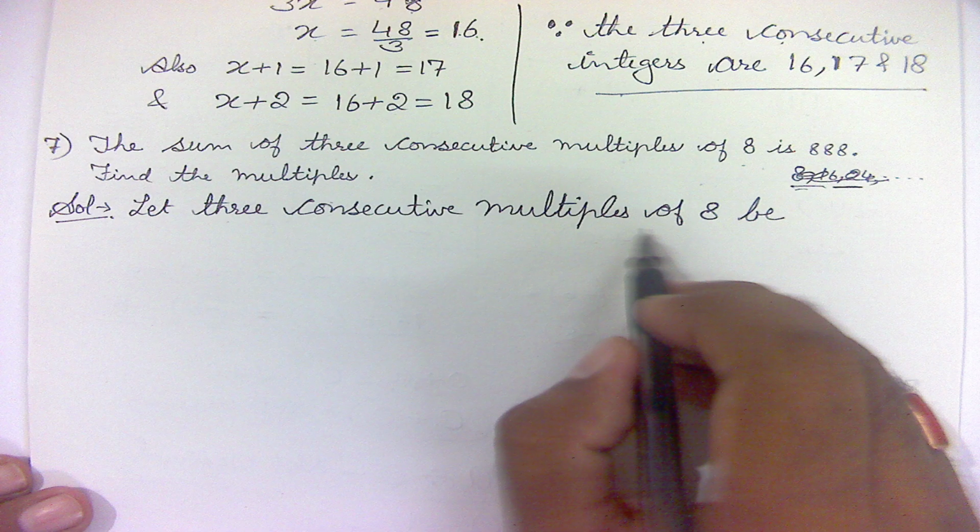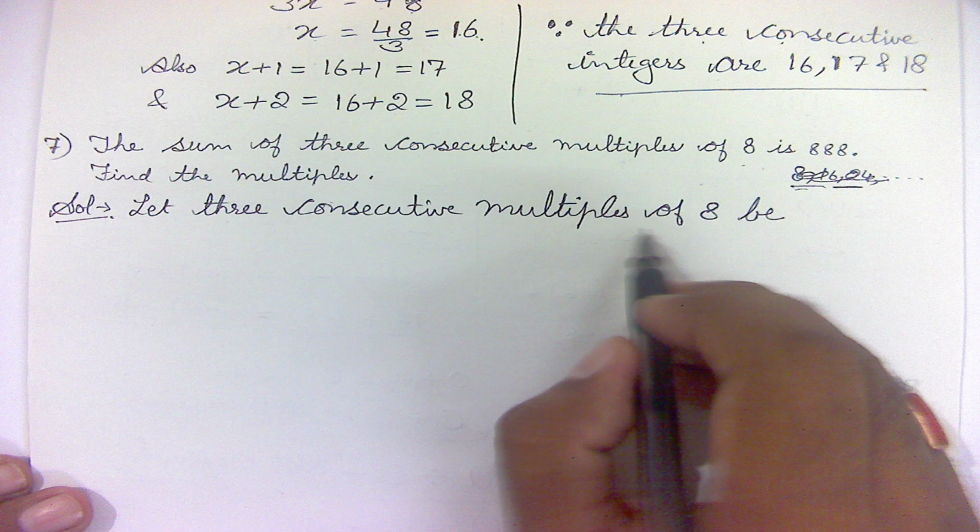So first is x, second it will be x plus 8 because there is a difference of 8, and third again there will be a difference of 8, so it will become x plus 16. It can also be taken as 8x, 8x plus 8 and 8x plus 16, but you may take it like this: x, x plus 8 and x plus 16.